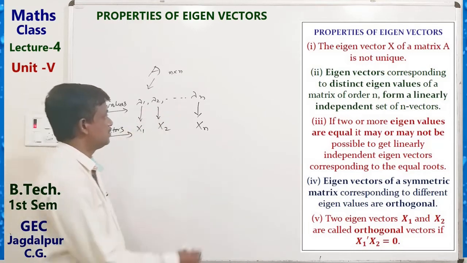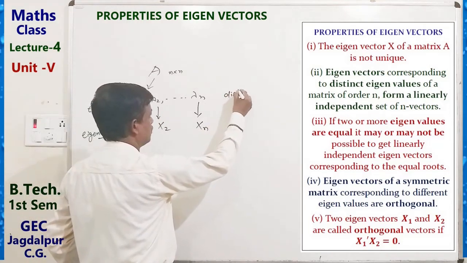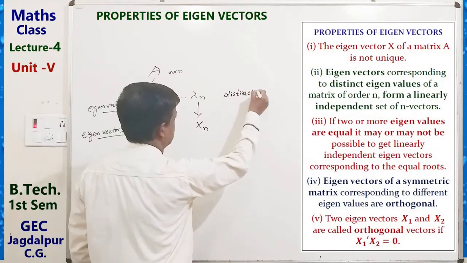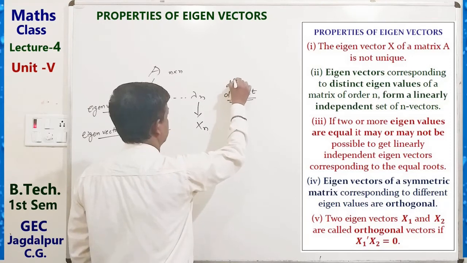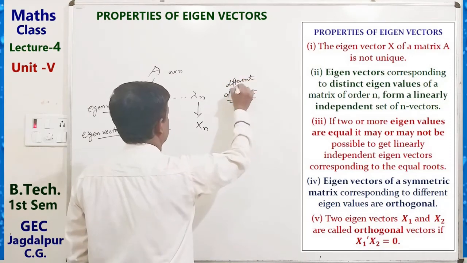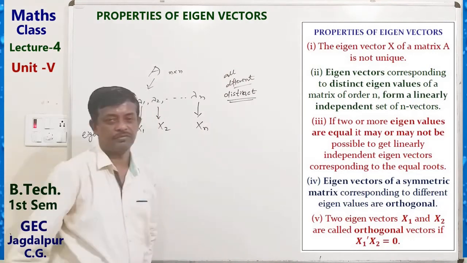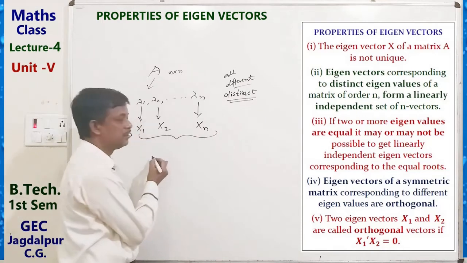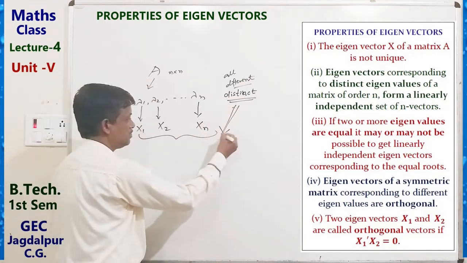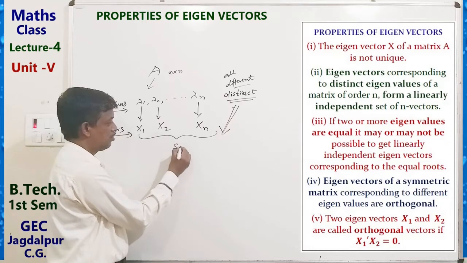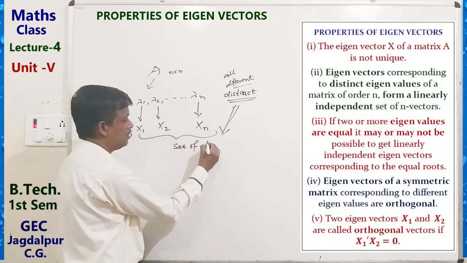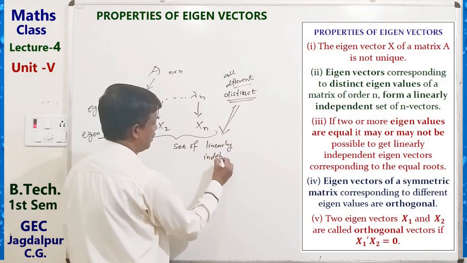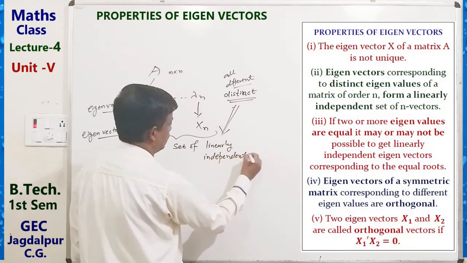If these eigenvalues are distinct, that is, all are different, then this implies the eigenvectors form a set of linearly independent vectors.